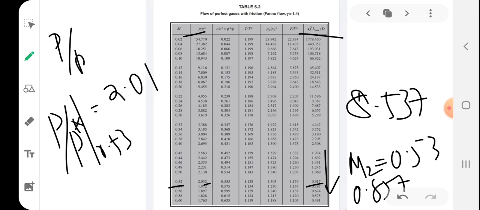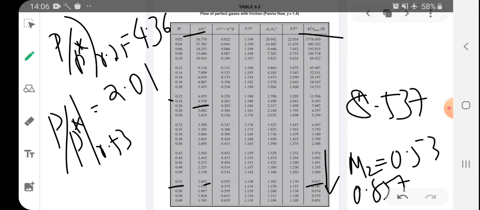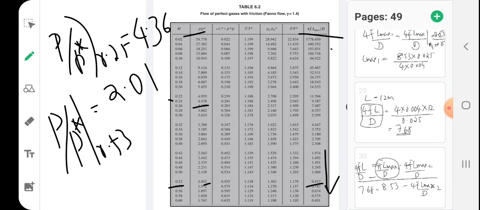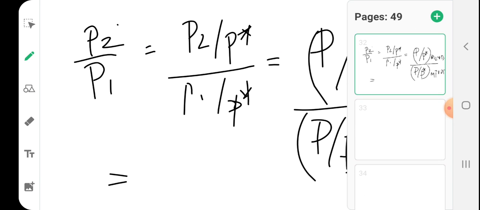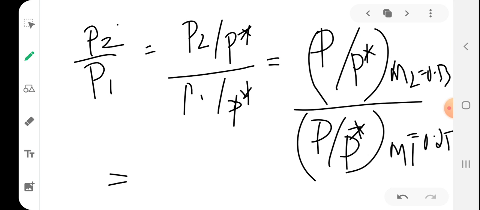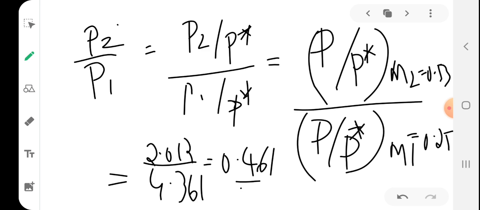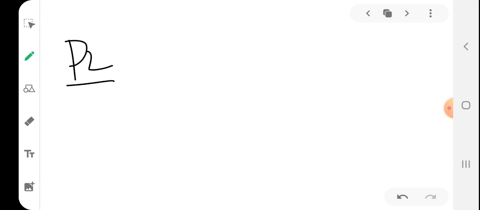Similarly, P by P star corresponding to 0.25 will be around 4.36. So substitute those values here. Substituting, you will get 2.012 by 4.361, and that will be around 0.461. So P2 by P1 is 0.461.